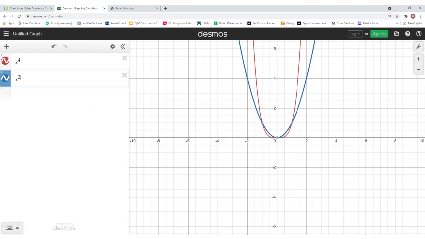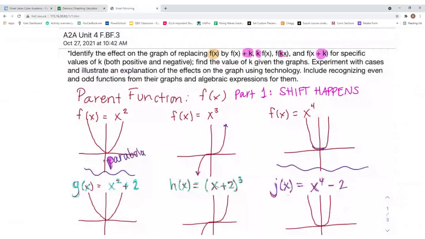Let me teach you something that's not technically part of this lesson or assessment, but it is part of the standard. This standard also has to do with even or odd functions.